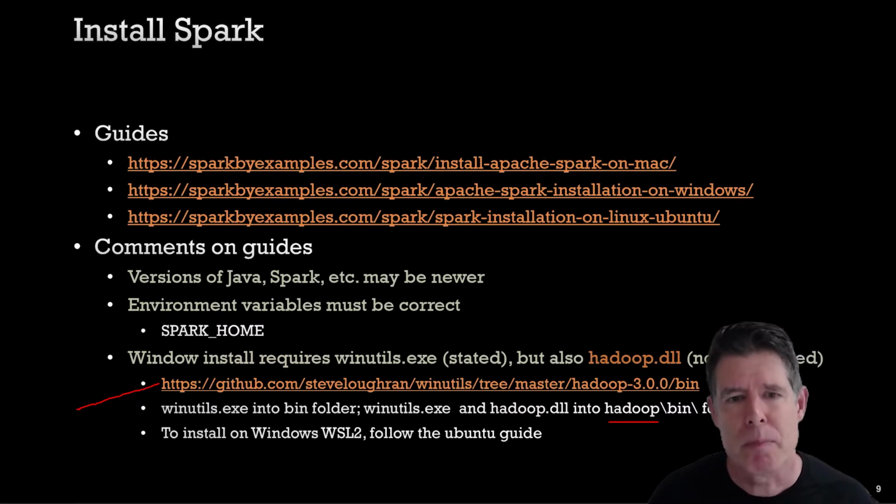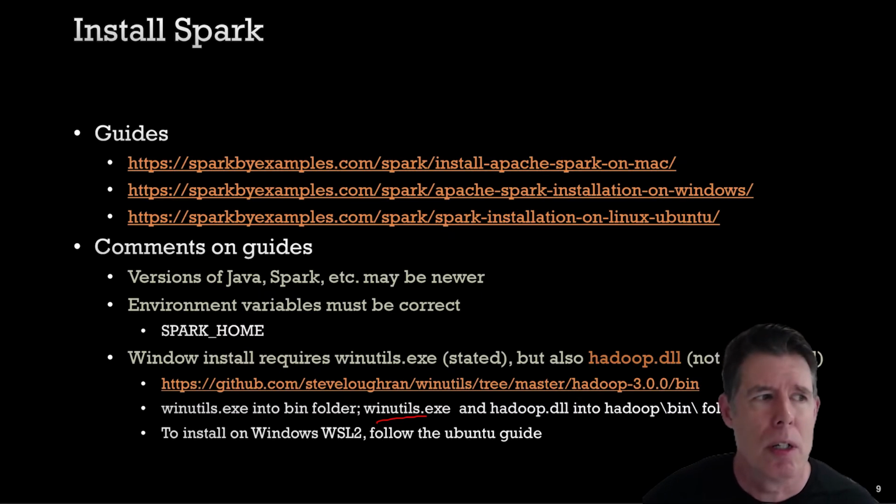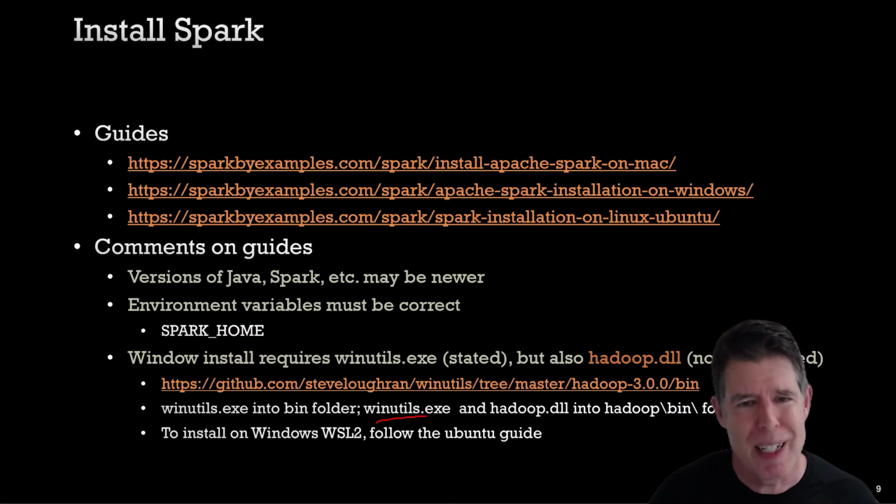Then within the bin, you're going to need to have winutils. Actually, you can also put it in your Spark home bin folder for binary files and put winutils.exe there as well. So you're going to want to have winutils for sure, and then secondarily, depending on what you're doing, you might have to have hadoop.dll.